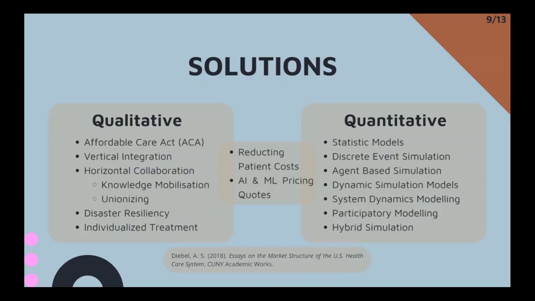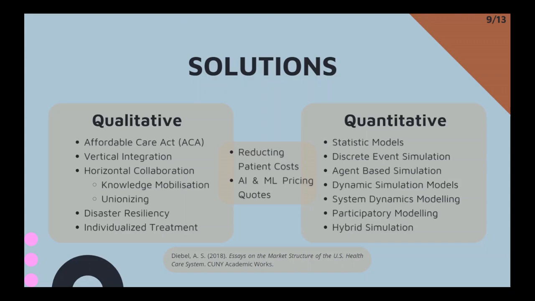Diebel's dissertation, Essays on the Market Structure of the U.S. Healthcare System, speaks on this and vertical bundling as potential efficiency-inducing practices. The author investigates how these practices between hospitals and insurers affect market outcomes and welfare, modeling said market and simulating factual and counterfactual scenarios.